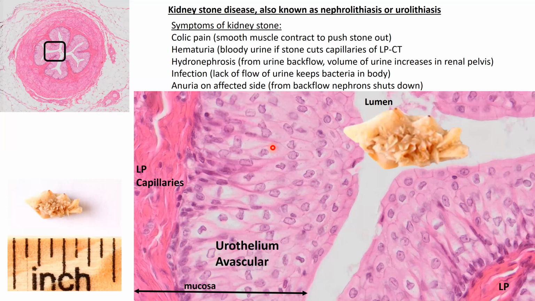As long as it cuts through the avascular urothelium, there's no bleeding. If it's going to cut through all the way to the capillaries of the lamina propria, bleeding occurs and the urine will be bloody. Here you're going to read it later, the different kinds of symptoms.